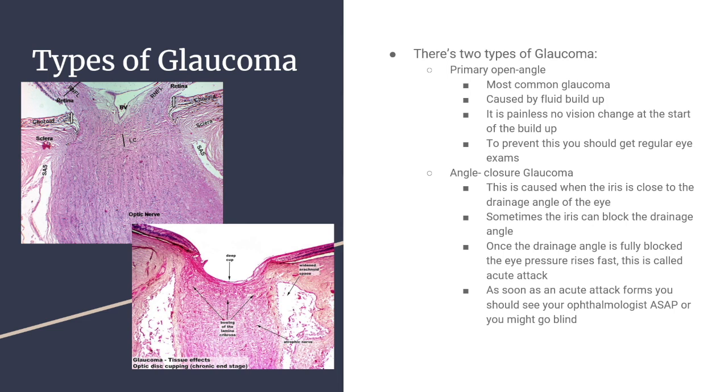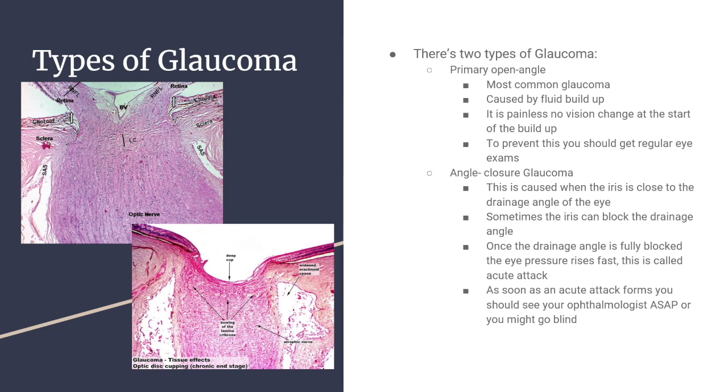Now I'm going to talk about the angle closure glaucoma, and this one occurs whenever the iris is very close to the drainage angle within their eye, and the iris can then end up blocking the drainage angle. So once the drainage angle is fully blocked, the eye pressure starts to rise very quickly.